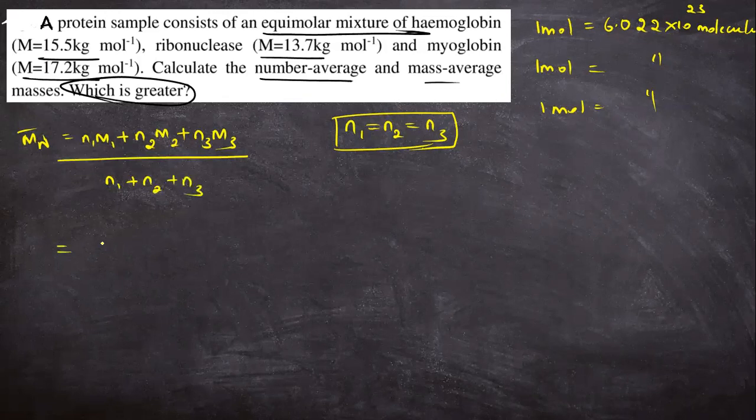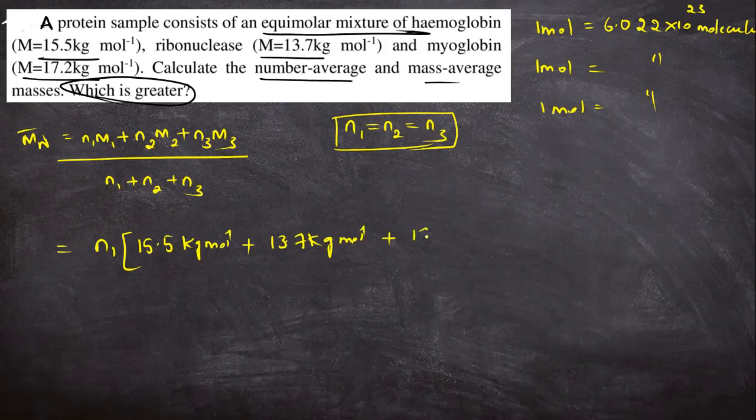N1 will be equal to N2 will be equal to N3. So better put N2 as N1, N3 as N1, then take N1 common. The remaining M1 value is hemoglobin mass, 15.5 kg per mole, plus M2 it is 13.7 kg per mole, plus myoglobin it is 17.2 kg per mole, divided by 3N1.